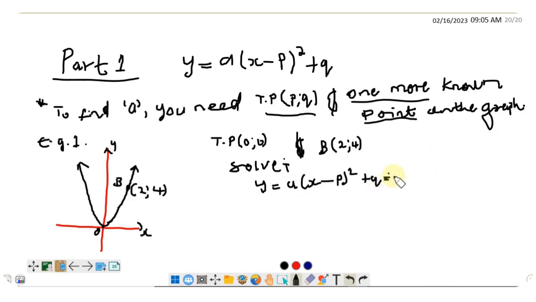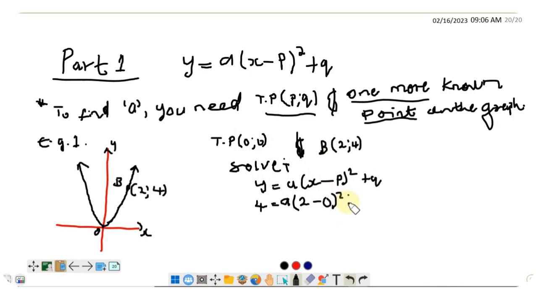I want to use this space, guys, because I realize this space is not enough. But let's try. So y and x come from that extra coordinate. y is 4, equals A into x is 2, minus p and q, 0 and 0.